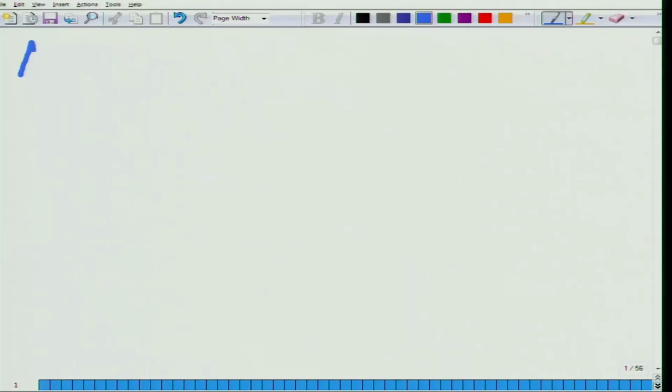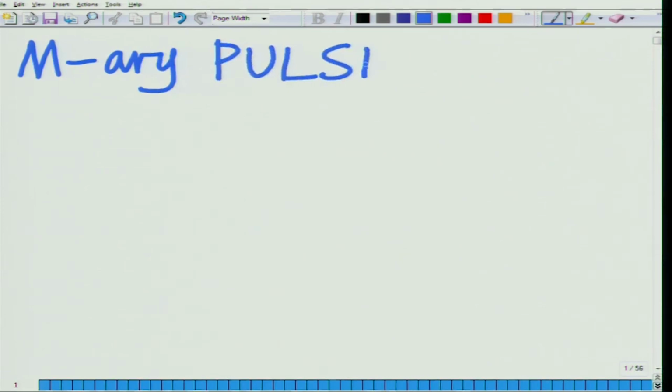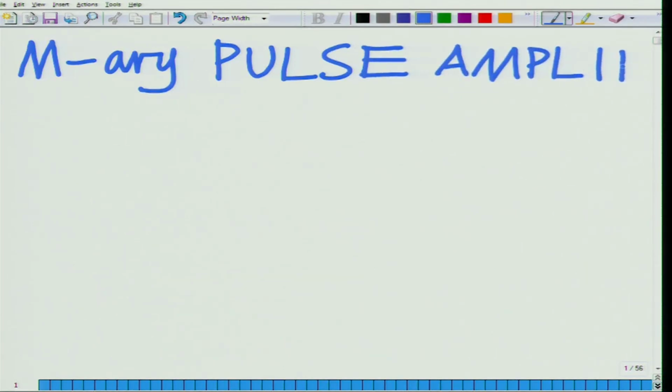So in this module, let us start looking at M-ary, another digital modulation scheme based on M levels, termed as M-ary pulse amplitude modulation.